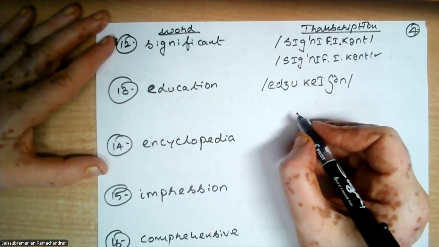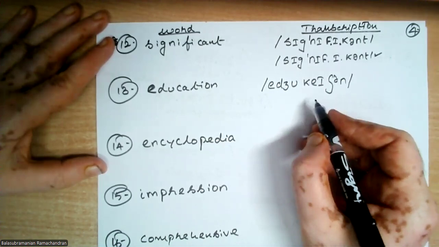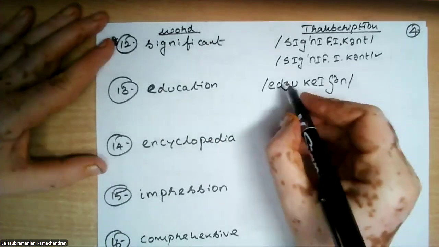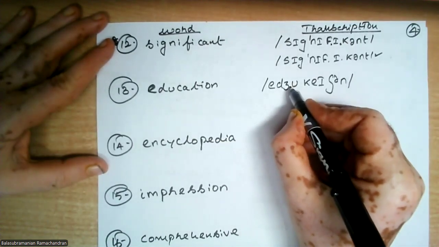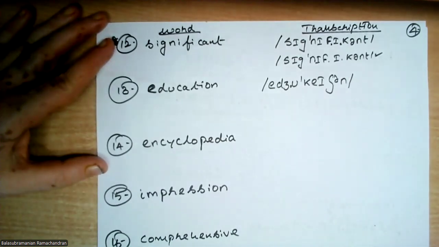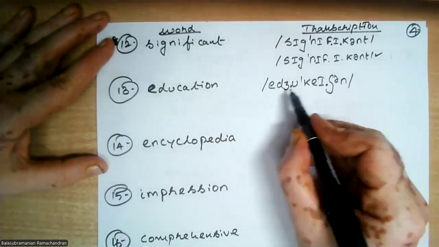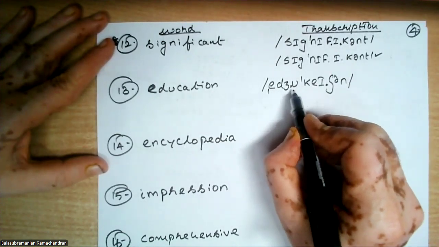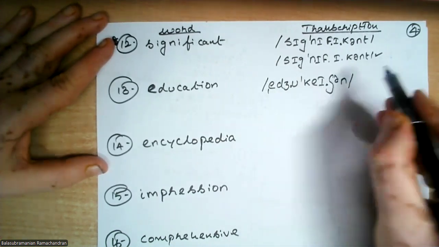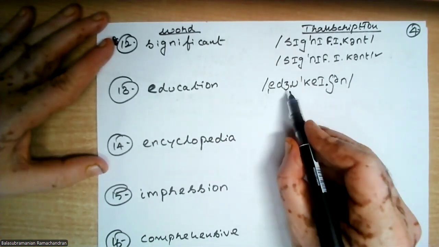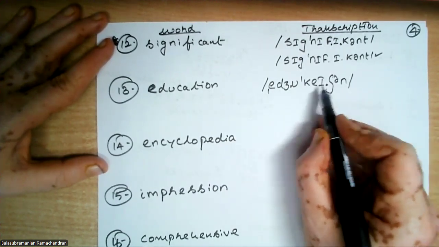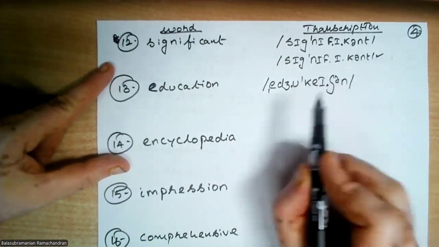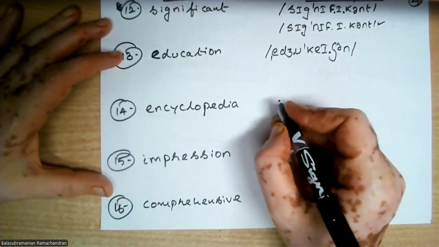Okay, so the syllable division is like this. And there are 2 stress syllables. K is the primary stress syllable. Edge is the secondary stress syllable. So there are totally 4 syllables in this. How do we find that out? Count the number of vowel sounds. 1, 2, 3, 4.